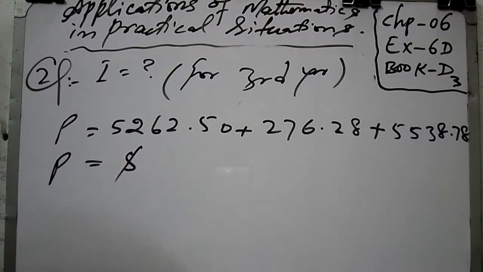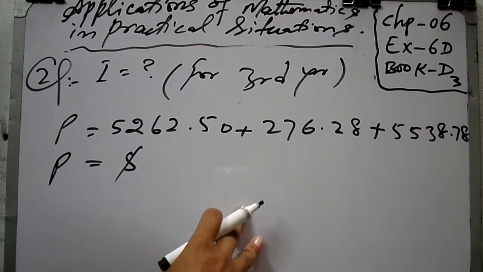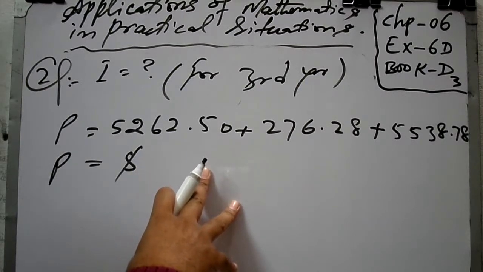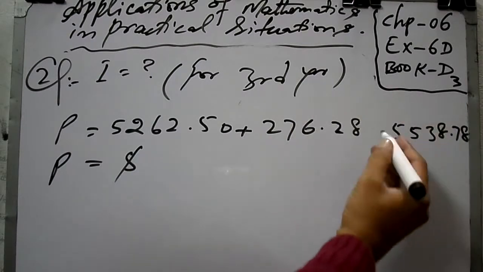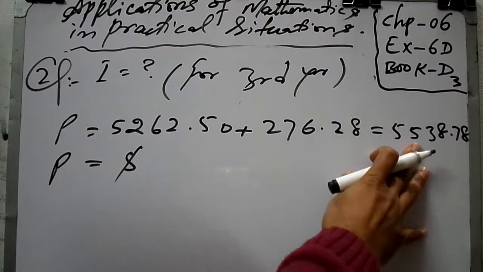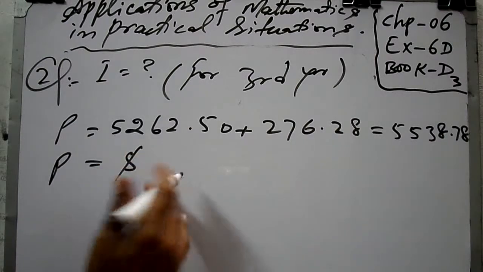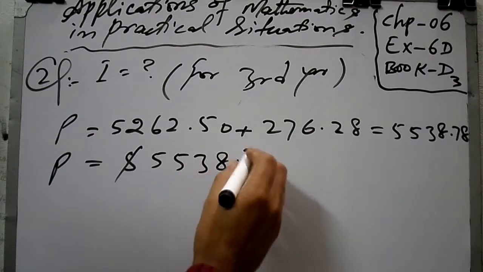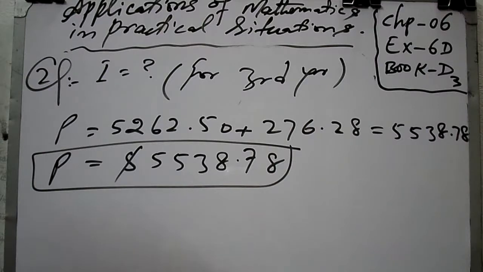By using a calculator you will get 276, and adding 276, you will get the amount equal to $5,538.78. So this is your principal amount for the third year.